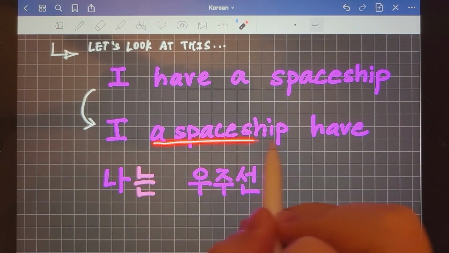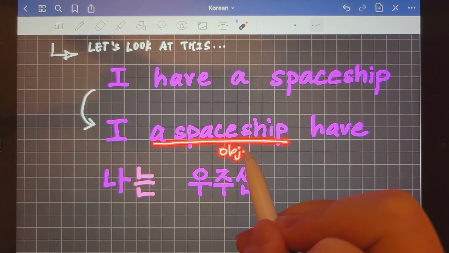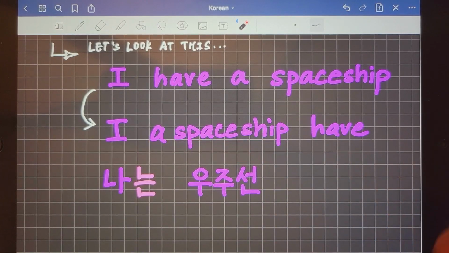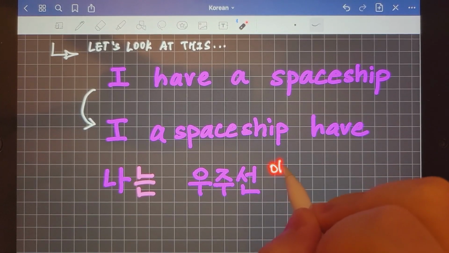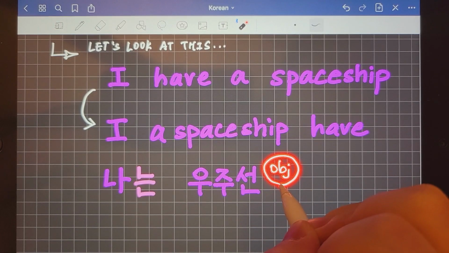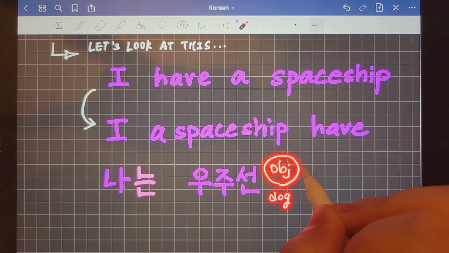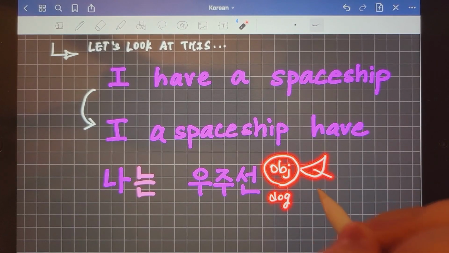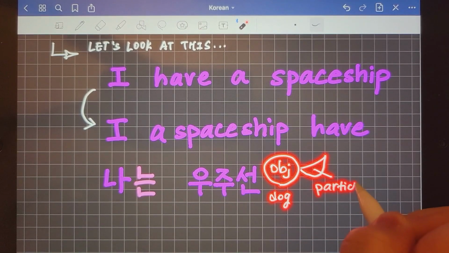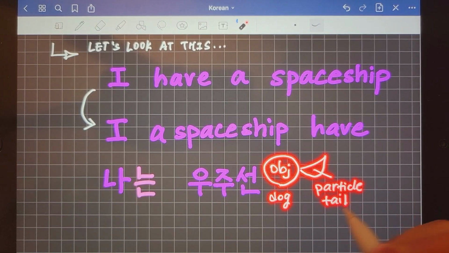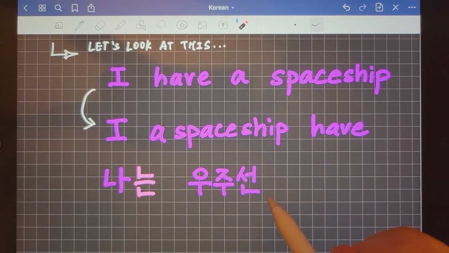A spaceship is, as we said, an object. So, the object, 우주선, is gonna be the dog. And now we have to go looking for its tail, which is the particle. Do you remember what it would be?